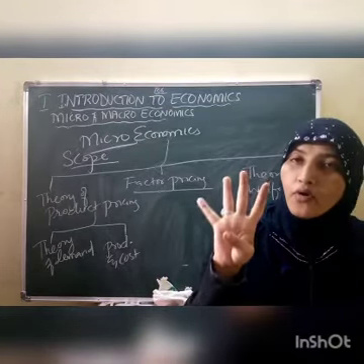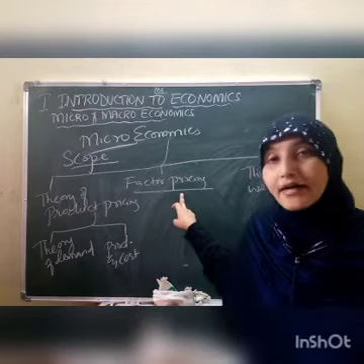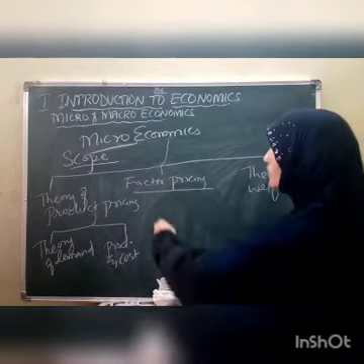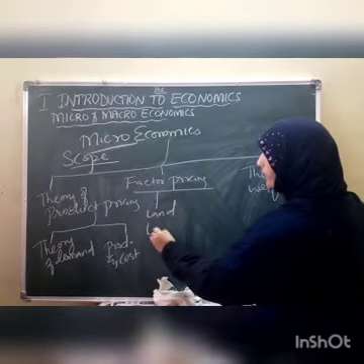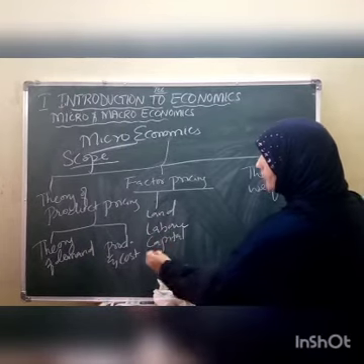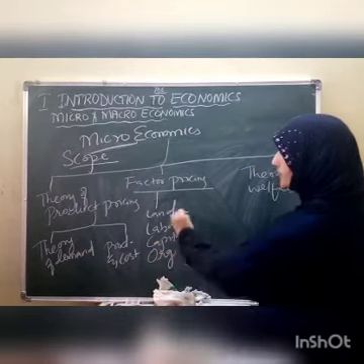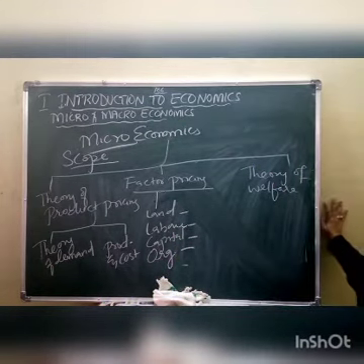So there are 4 factors of production that come under factor pricing. What are those 4 factors, children? Land, labor, capital and organization.